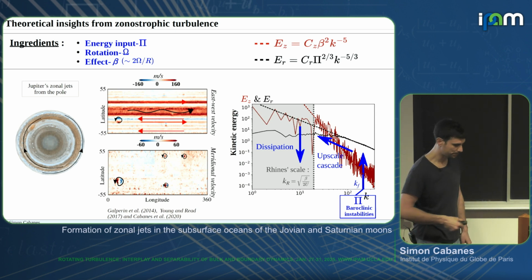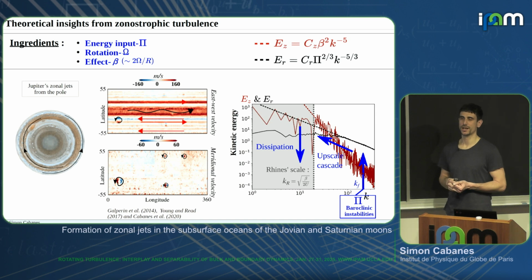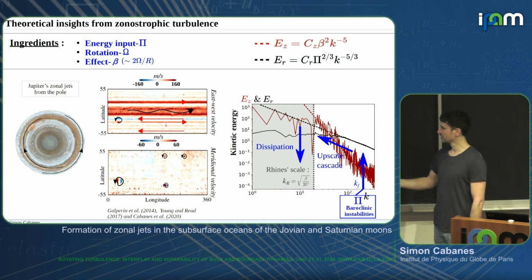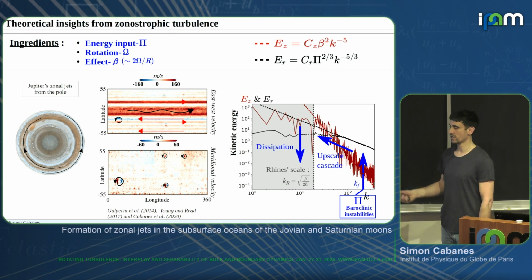Maybe to sum up here, or to understand a bit better the dynamics behind this kinetic energy distribution, we can sum up the thing as follows. Kinetic energy is injected at those scales. Then kinetic energy is transferred upscale up to the jet scale, where it is finally dissipated by large-scale friction.